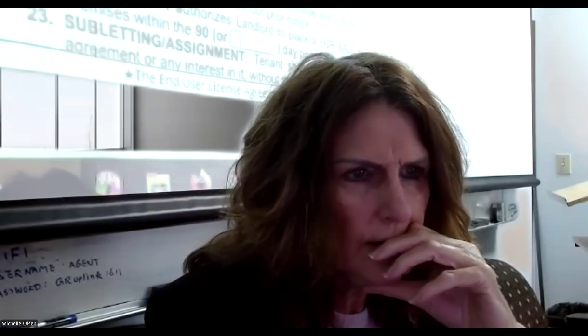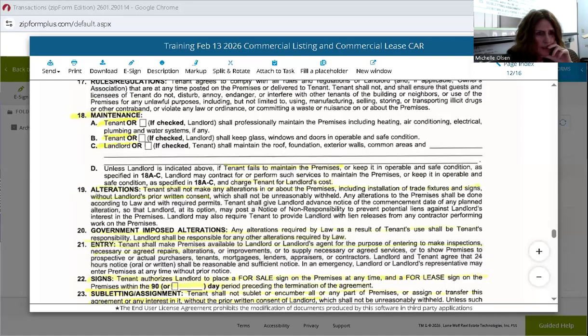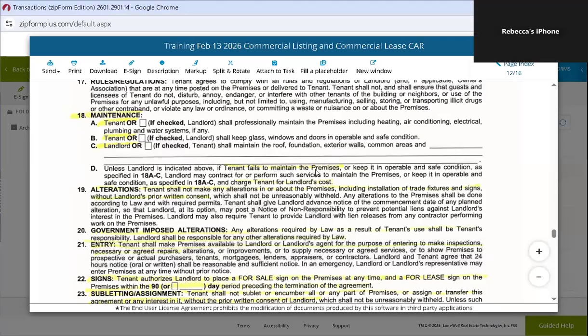Where was I? You were at the maintenance. Oh, yes. Okay. Can you guys see my screen on Zoom? Yes.